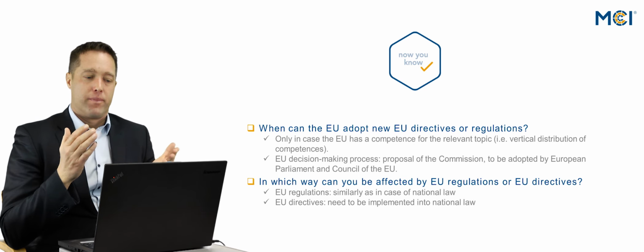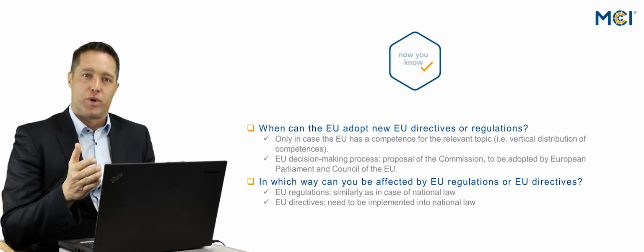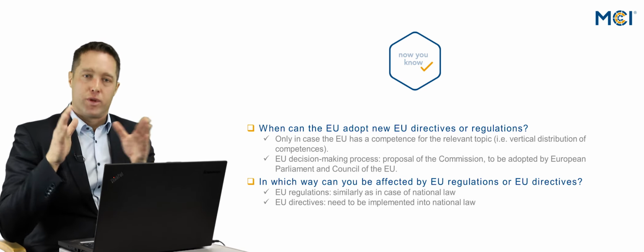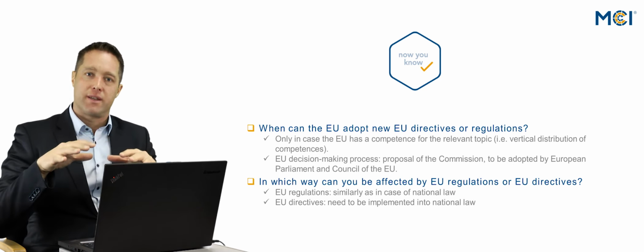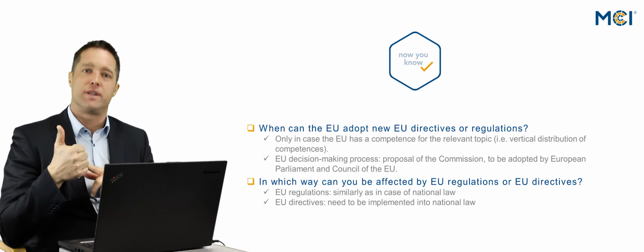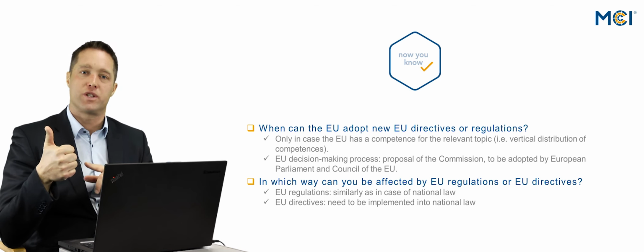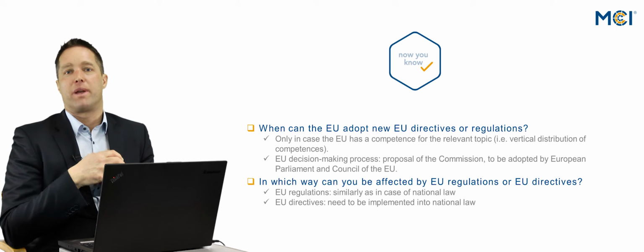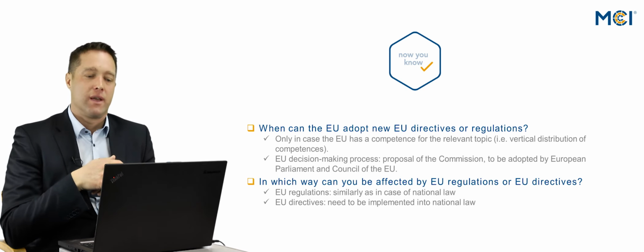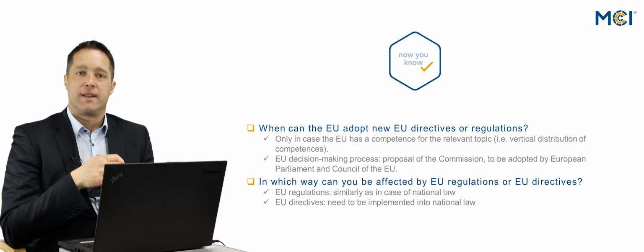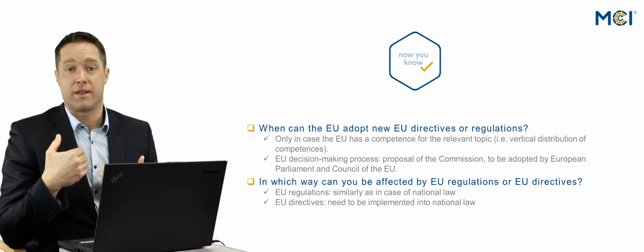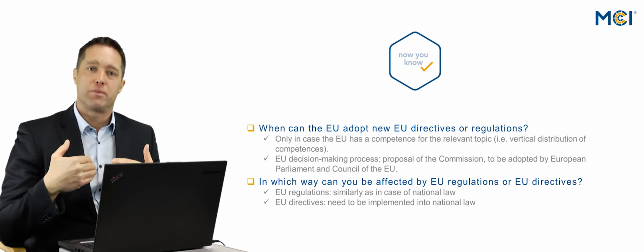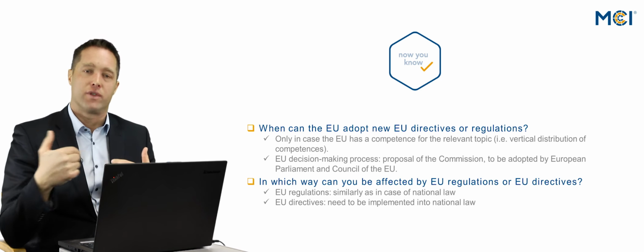What is also very important, if we do not talk about primary law, but about secondary law, we first always need a proposal of the European Commission, which then needs to be adopted both by the European Parliament and the Council of Ministers. And as we have already seen, you are affected by different types of EU secondary law in different ways.